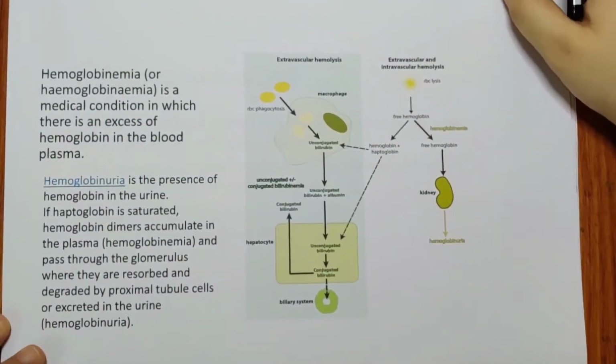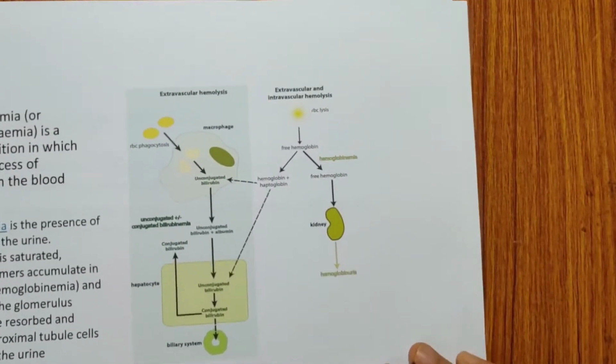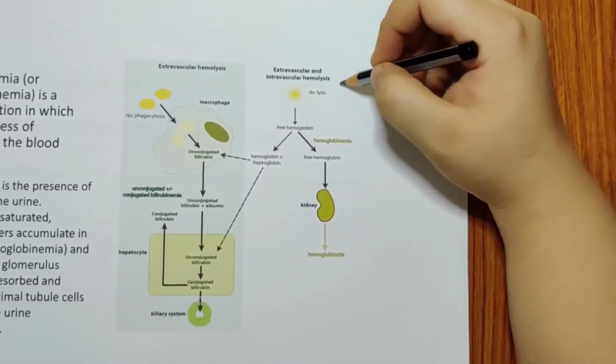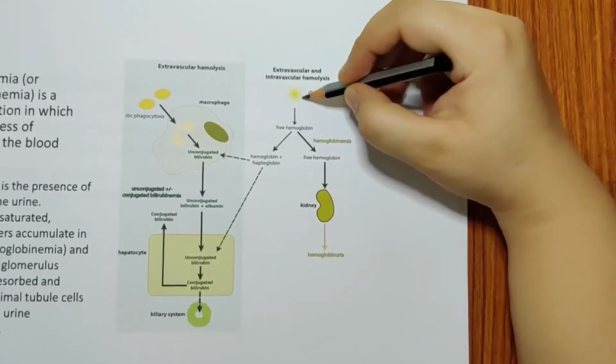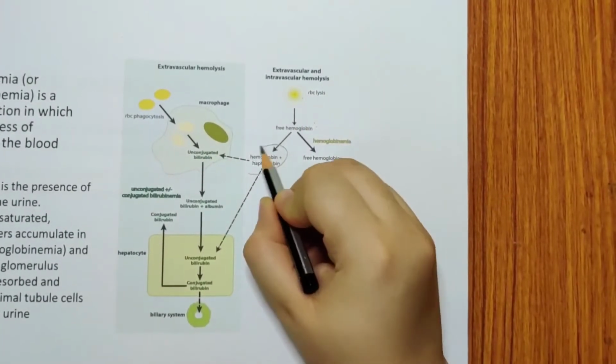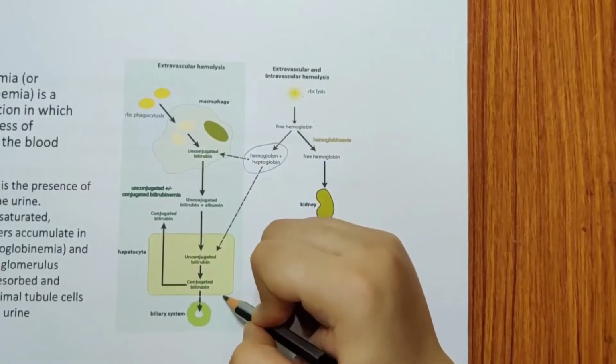Now, hemoglobinemia. Why does hemoglobinemia occur? Hemoglobinemia occurs because there is an excess of hemoglobin in the blood plasma. This occurs especially in extravascular and intravascular cases. Your RBC gets lysed, so you have free hemoglobin. This free hemoglobin and haptoglobin can form a complex and go back into circulation.